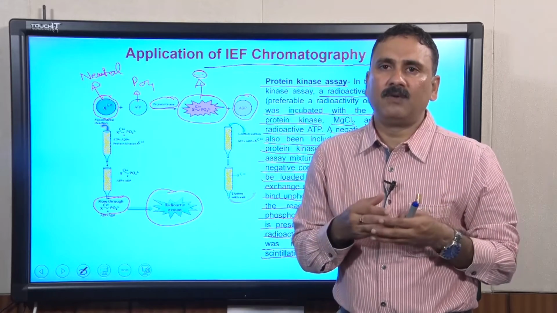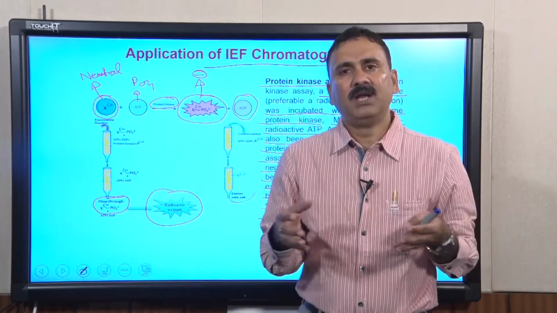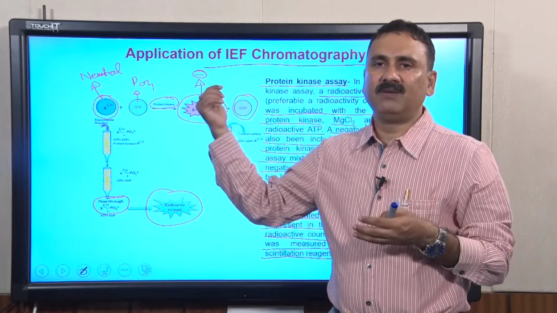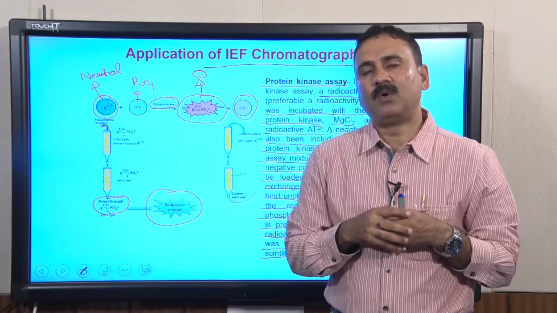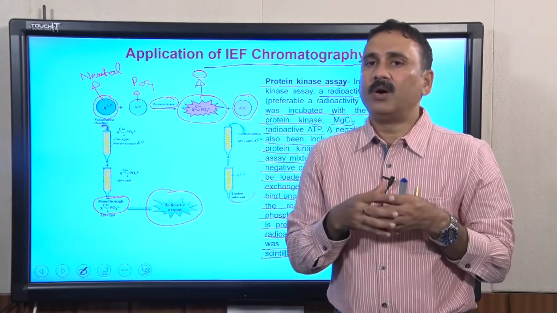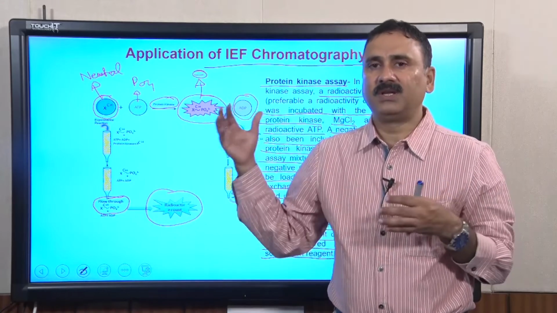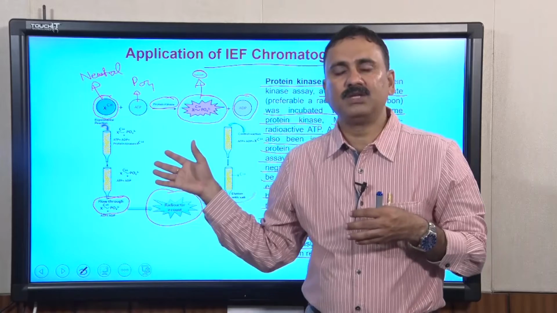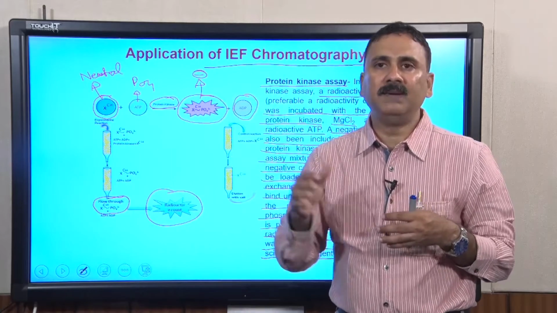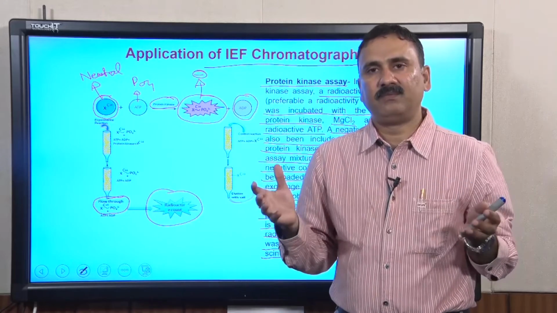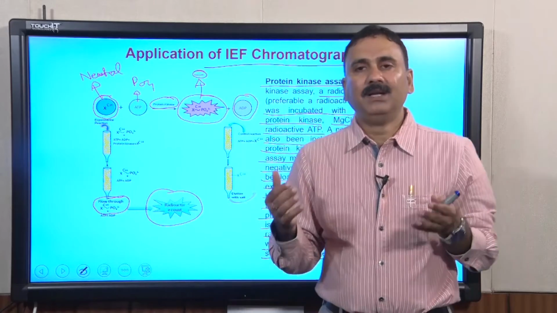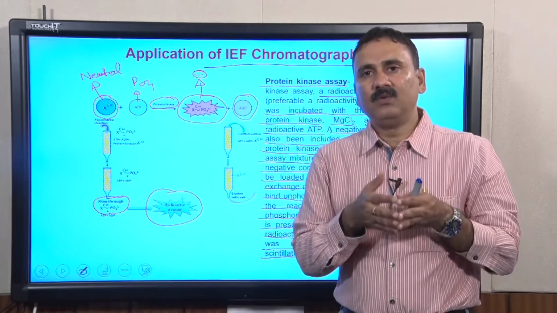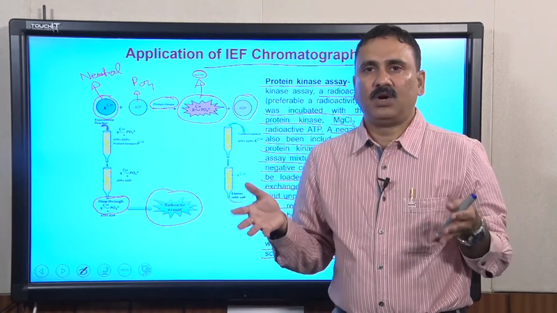For example, if you would like to study acetylation, acetylation is going to bring a negative charge. Acetylation is nothing but the addition of a group onto the protein molecules, or sometimes you can also use this kind of ion exchange chromatography to study other kinds of protein modification as well. The condition is that these modifications should give a modified charge onto the substrate.